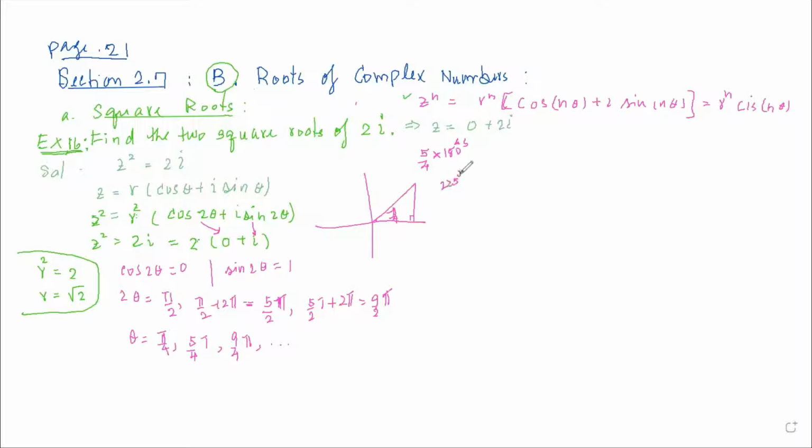So 225 degrees. That means if you rotate, the next rotation is going to be in the third quadrant. This is just the opposite, like this. Okay, so from here to here is 225 degrees, or 5 over 4 pi.